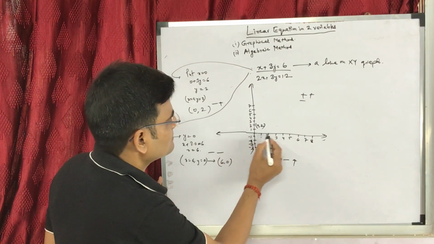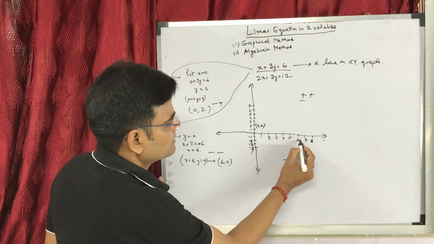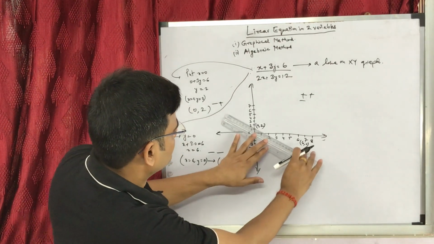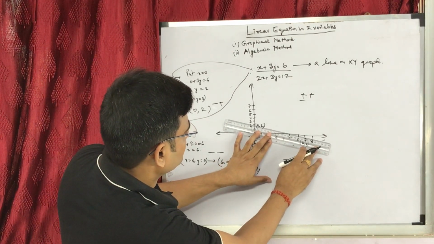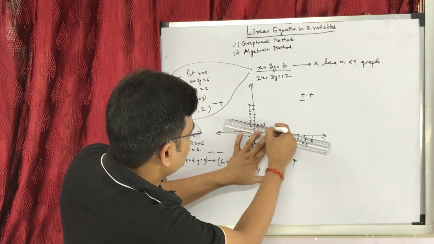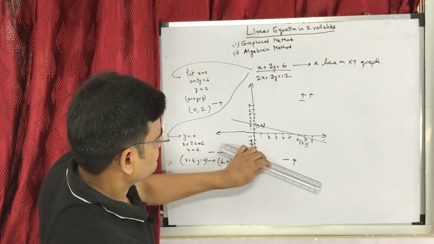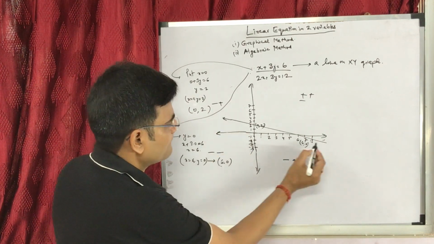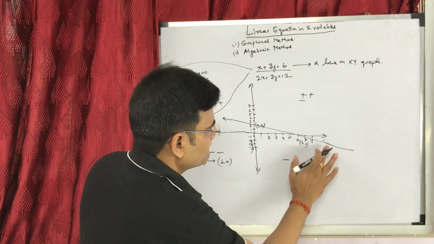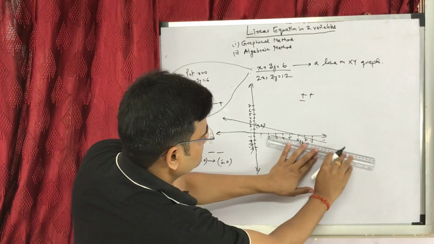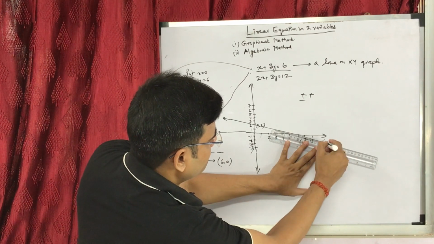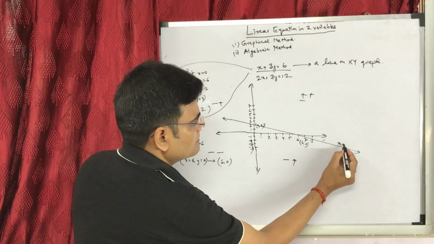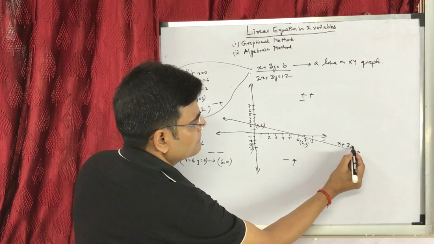You see 6 comma 0 is this point. Join these two points. So this line is x plus 3y equals 6.